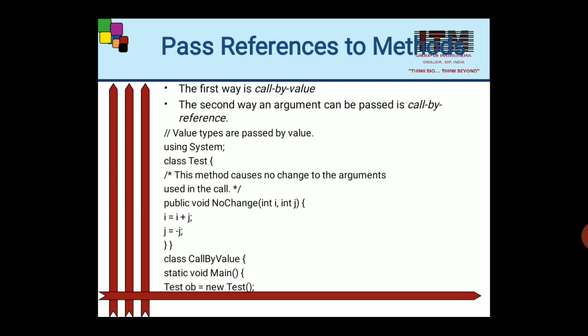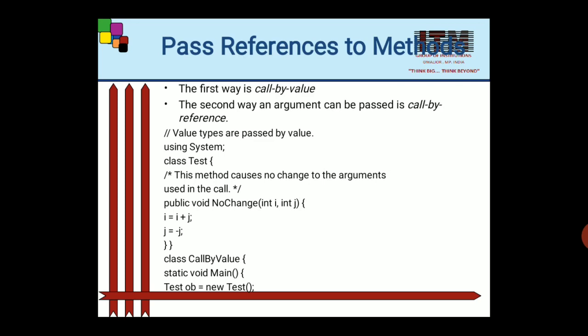When you pass a reference to a method, the situation is a bit more complicated. In this case the reference itself is still passed by value, so a copy of the reference is made and changes to the parameter will not affect the argument. Recall that when you create a variable of a class type, you are only creating a reference to an object.